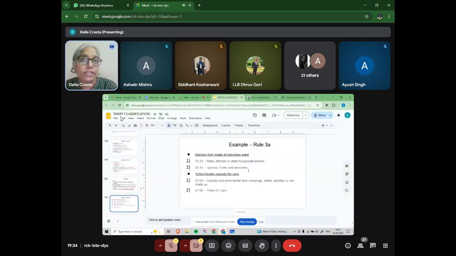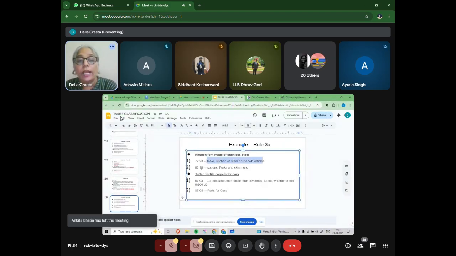Chapter 73 is articles of iron or steel. Here there is a description, table, kitchen, or household articles, and 8215, which says spoons, forks, and skimmers. Do you want me to go to those chapters and show you the headings?